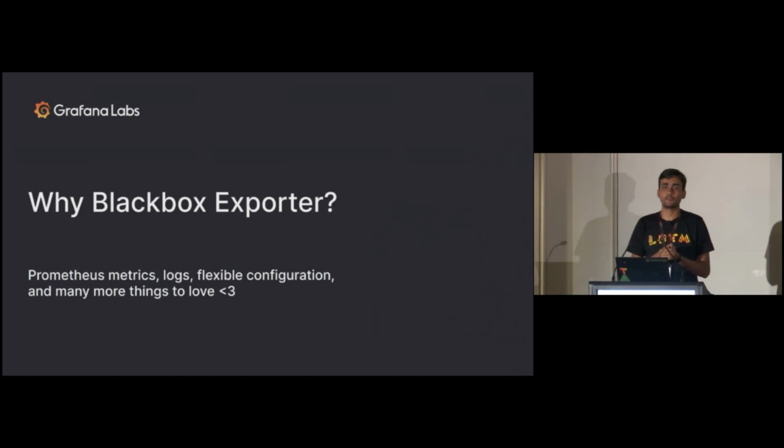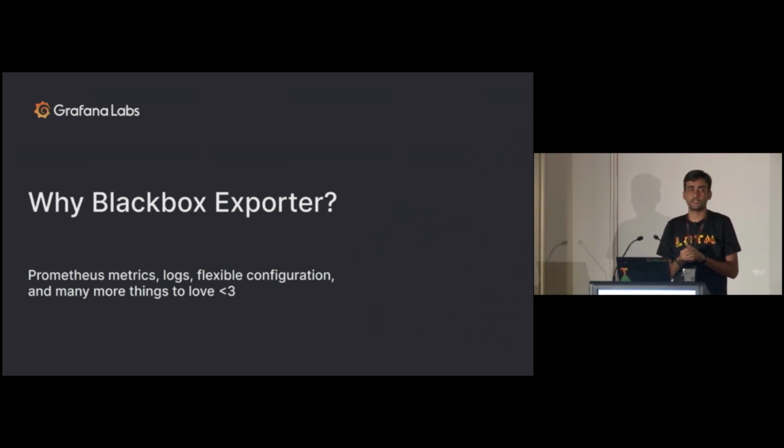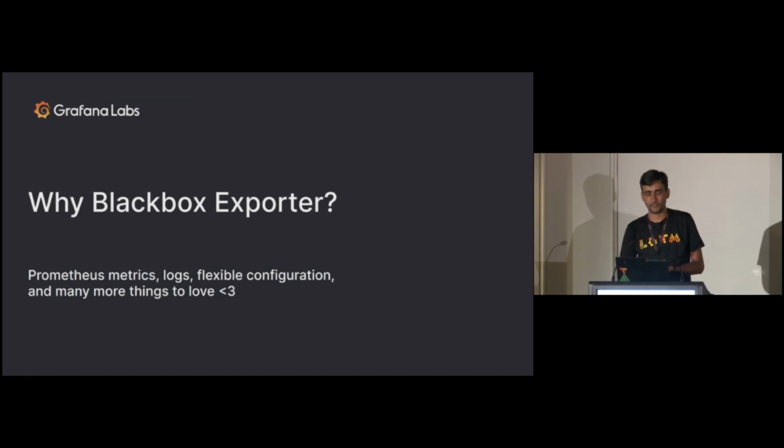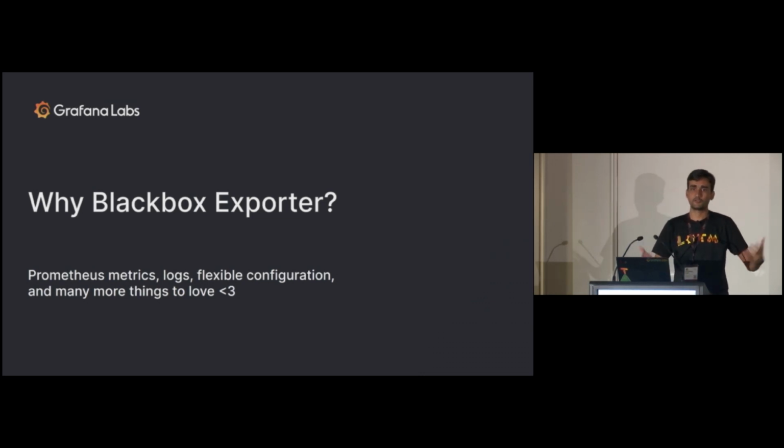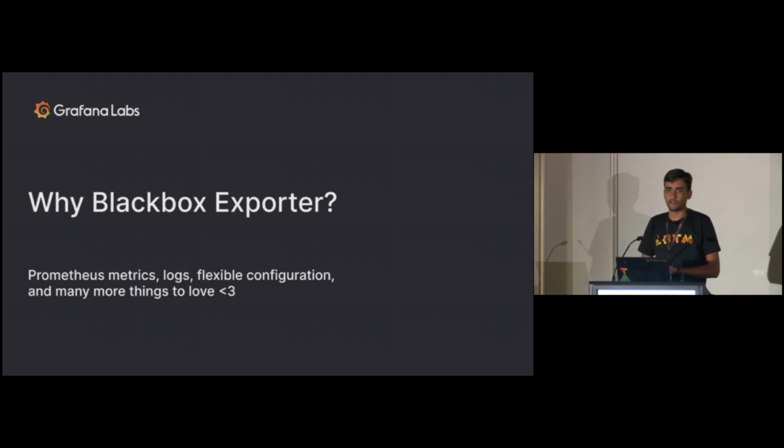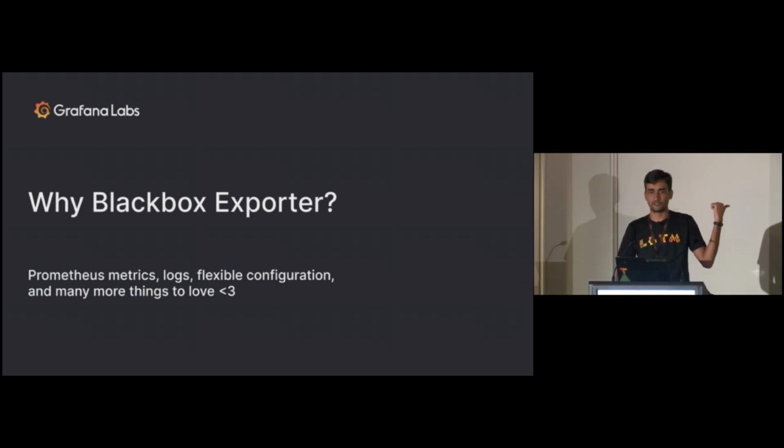Think about having to craft a check to see if your CDN is working correctly or not. It's tricky, and these features really make it easy for you to configure a check. So we liked that flexibility, and we said our users should also have that flexibility. So we took Prometheus, exposed all the Blackbox Exporter configuration options, and just made it easy to run.